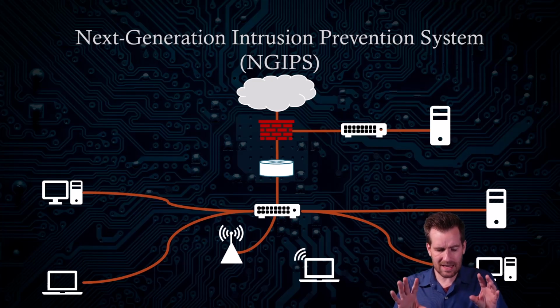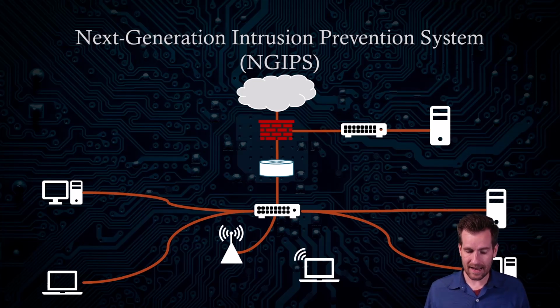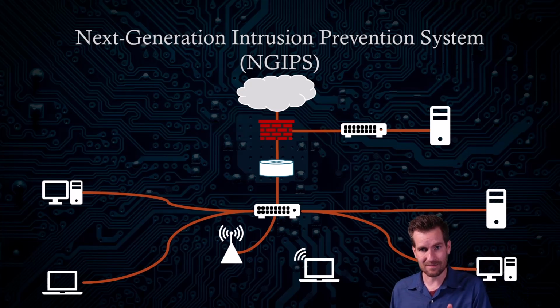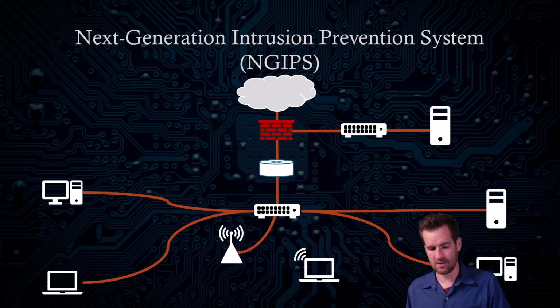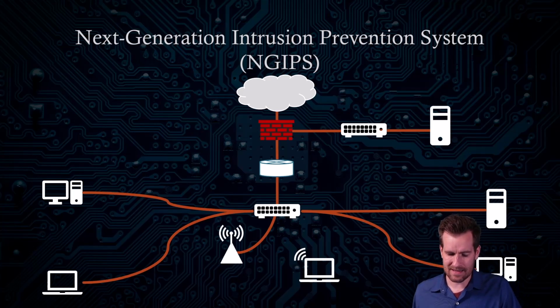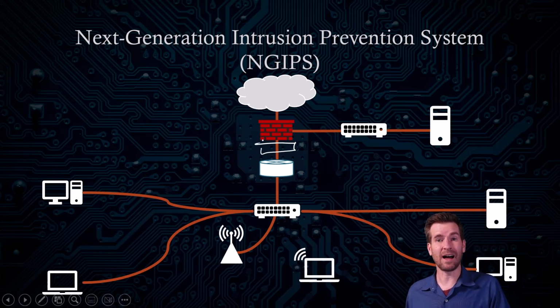Now, the real key point that you're going to have to know for the test about next generation intrusion prevention systems is there's both an inline mode and what's called a promiscuous mode. So inline just means that we would have some sort of device that we put in here that would monitor all of the traffic that's coming through it.